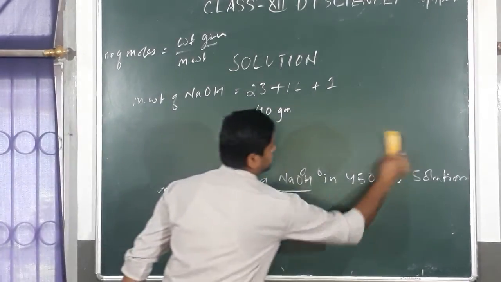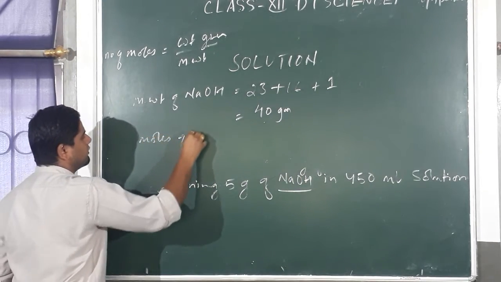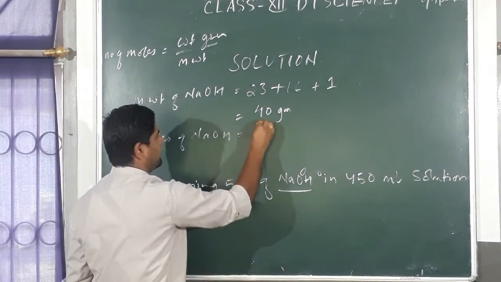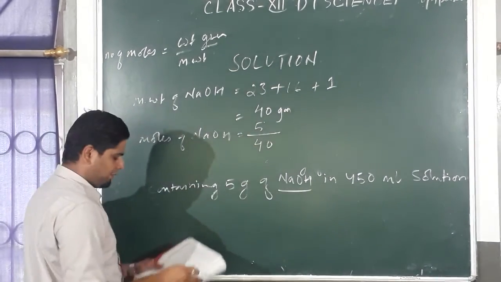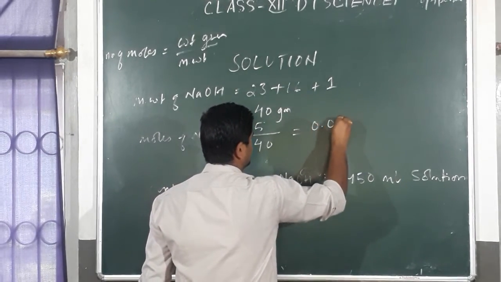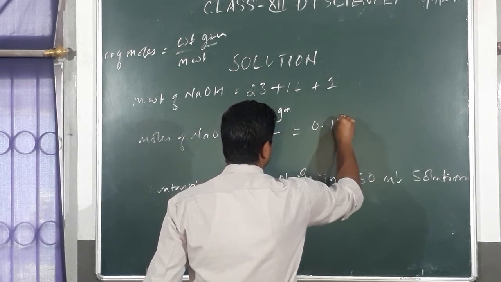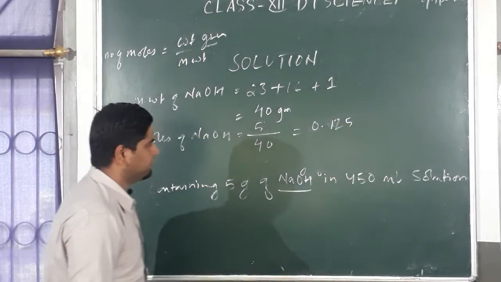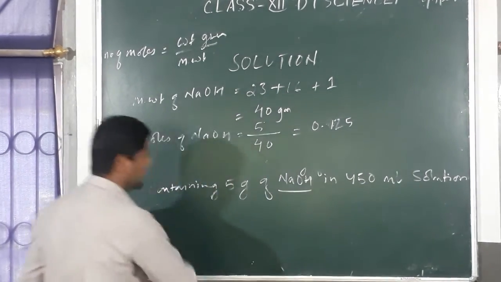Therefore, moles of NaOH is equal to the weight given, 5, divided by the molecular weight, 40. If you calculate, you will get 0.125. Try to calculate this. This is the number of moles of NaOH.